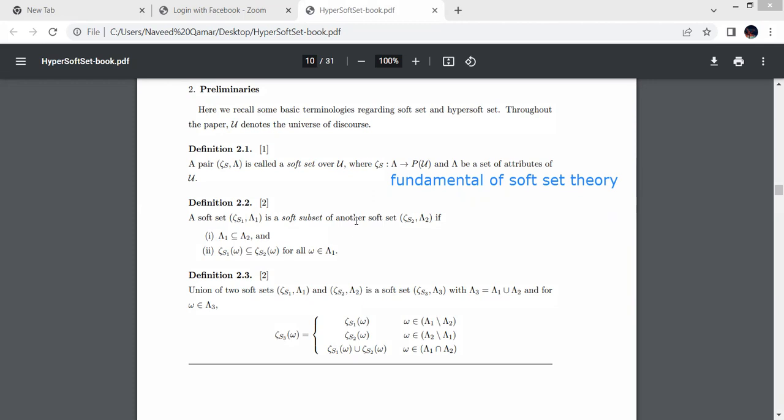You can also see this definition from the mentioned paper, fundamentals of soft set theory. Here is the union of subsets. You can also see the definition with an example. This paper explains all these topics very well and very easily with the help of examples.